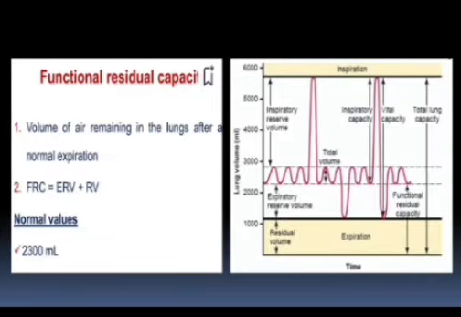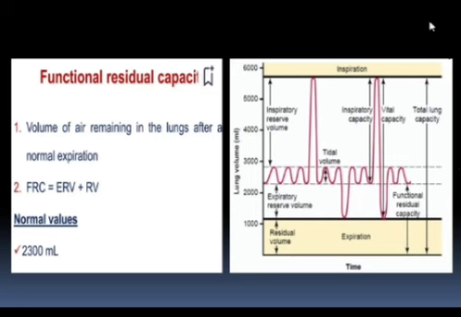Okay, the next one is functional residual capacity. Functional residual capacity is the sum of expiratory reserve volume and residual volume.